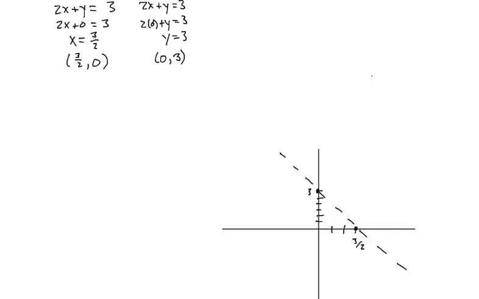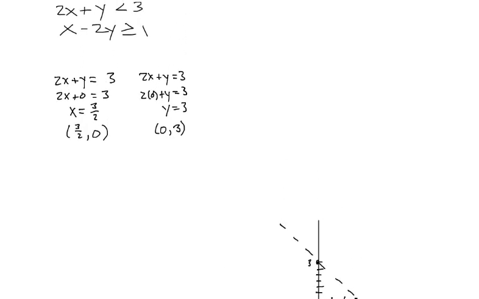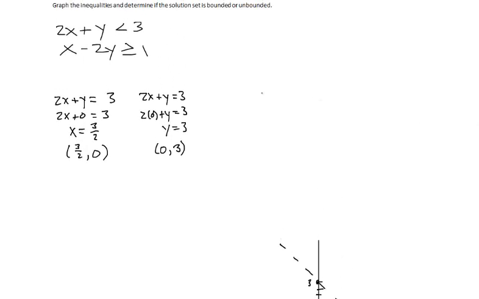And now let's graph the other line. So we have x minus 2y is equal to 1. And now I set y equal to 0, and I get x is equal to 1. So 1, 0 is a point on the line.